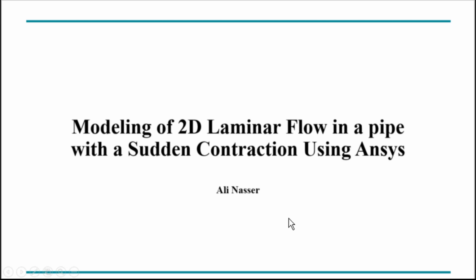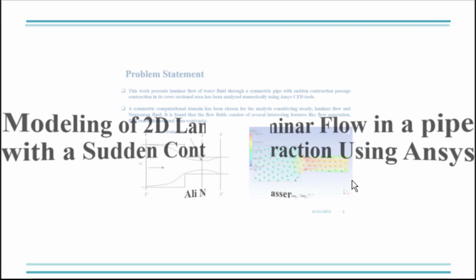In this video I'm going to talk about modeling of 2D laminar flow in a pipe with a sudden contraction using Ansys. Before we start to simulate our problem in Ansys, let me give you a brief about this problem and how to simulate.